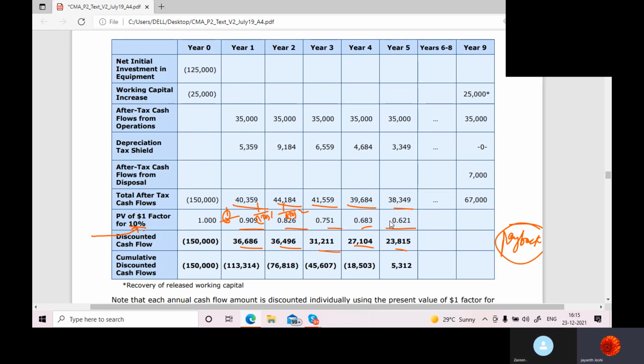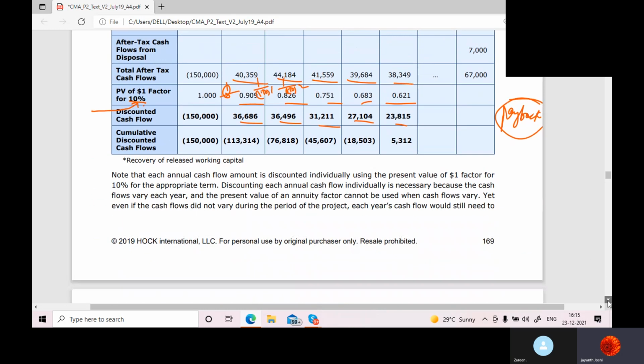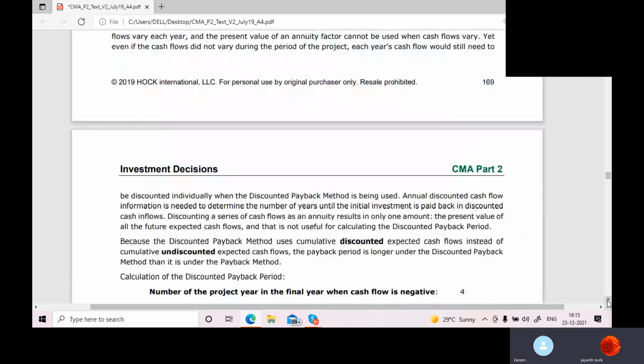So let's understand something about this payback. Payback period also is one of the methods of investment decision because here we consider two geographical locations, and finally with the payback period's assumption we decided B is one of the locations where we should start our production.